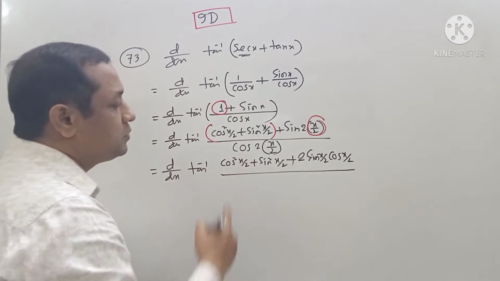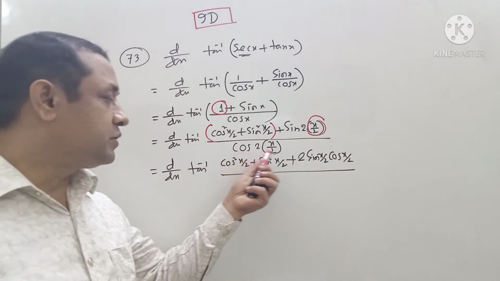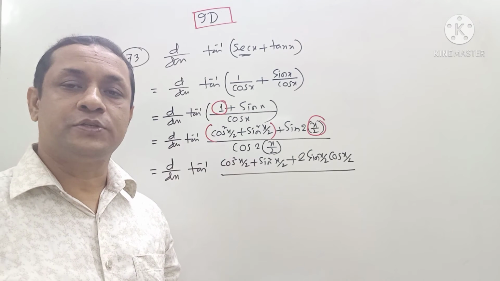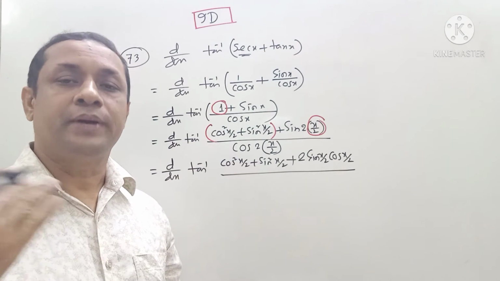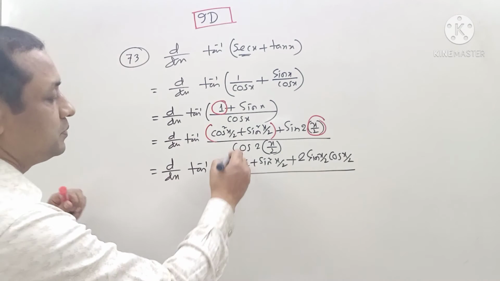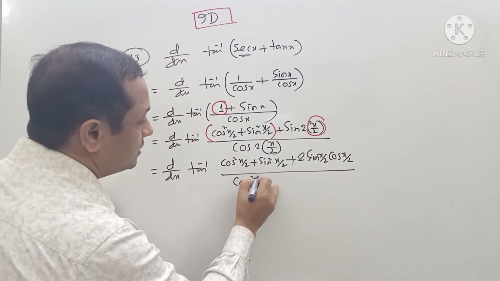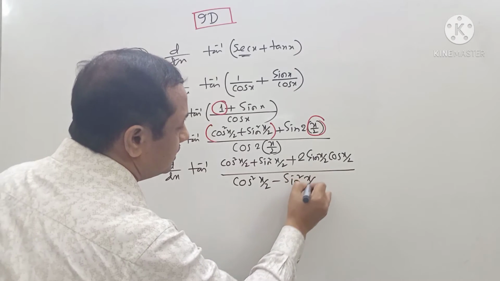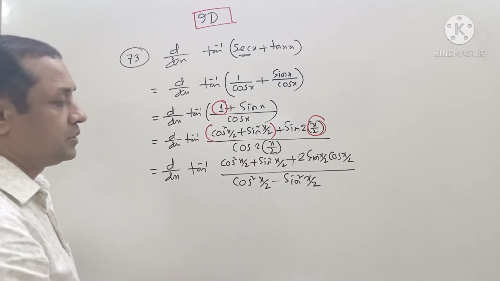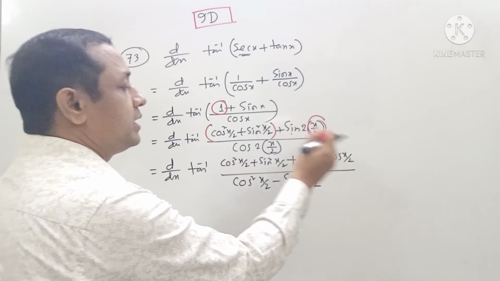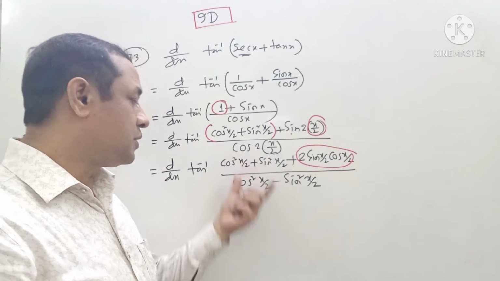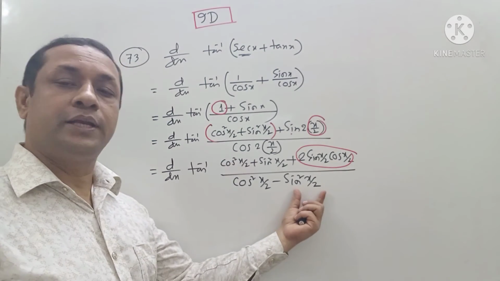Next, the denominator will use the formula cos 2a. We know that cos 2a equals cos square a minus sin square a. So we can write cos square x by 2 minus sin square x by 2. Students, memorize it: sin 2a equals 2 sin a cos a, and cos 2a equals cos square a minus sin square a.